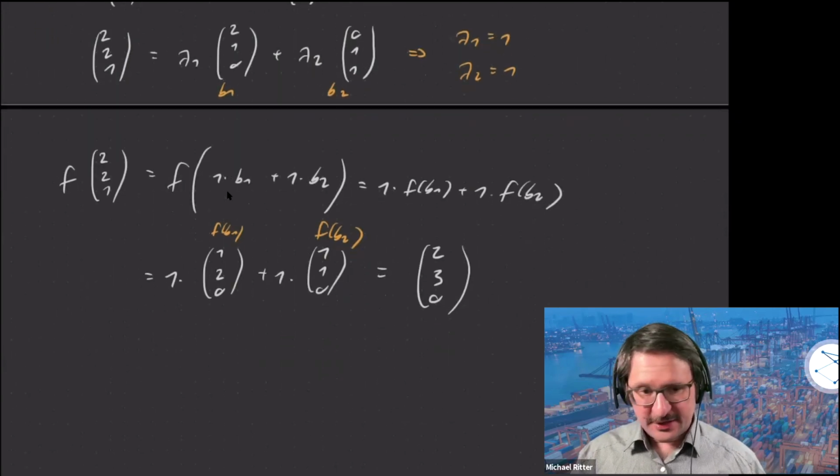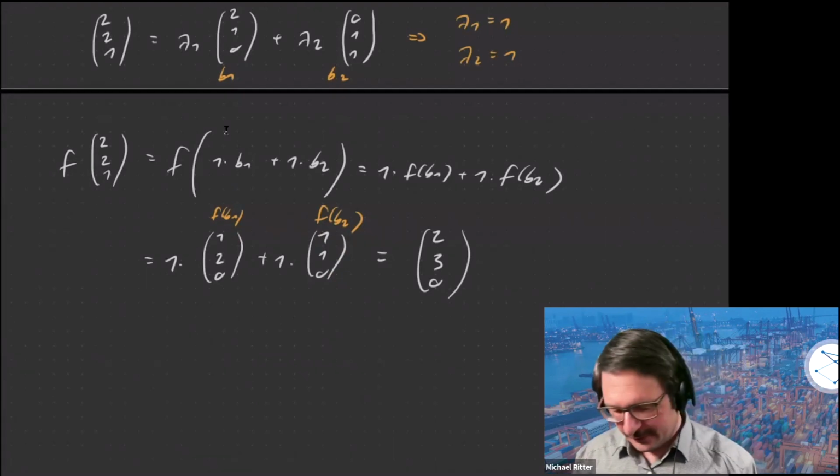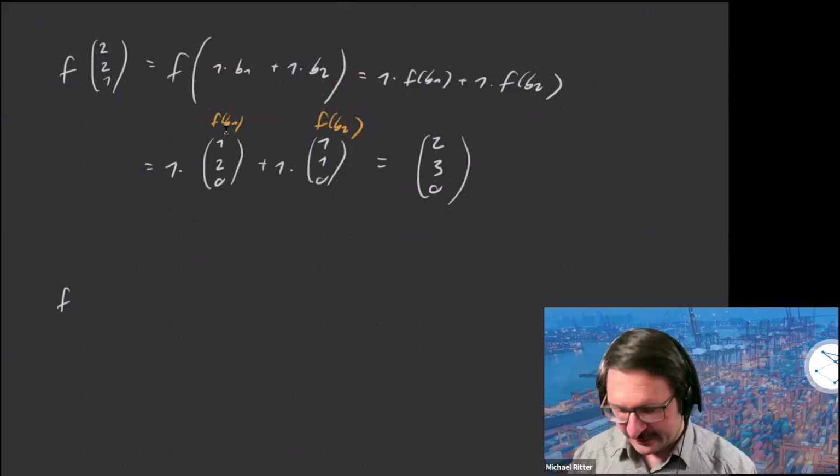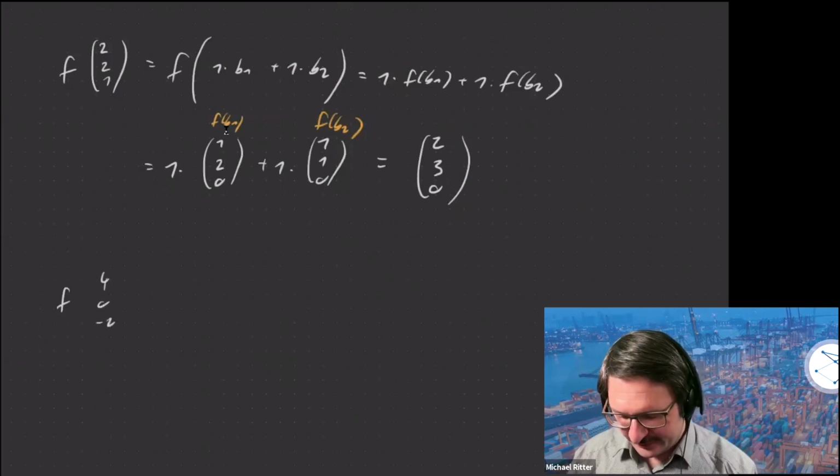And of course, the second one can be dealt with in exactly the same way. So if we're looking at the vector, what was that? 4, 0, and minus 2.